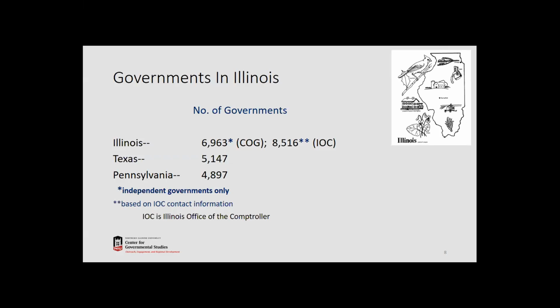Now, the Comptroller's Office governments, the ones that they're counting, basically are independent governments, but sometimes they report through another agency when you look at the Census of Governments. So essentially the difference between the two numbers is that the Census of Governments is really looking at the agency that they're reporting through. That's the smaller number. But the realistic number really in Illinois is about 8,500.